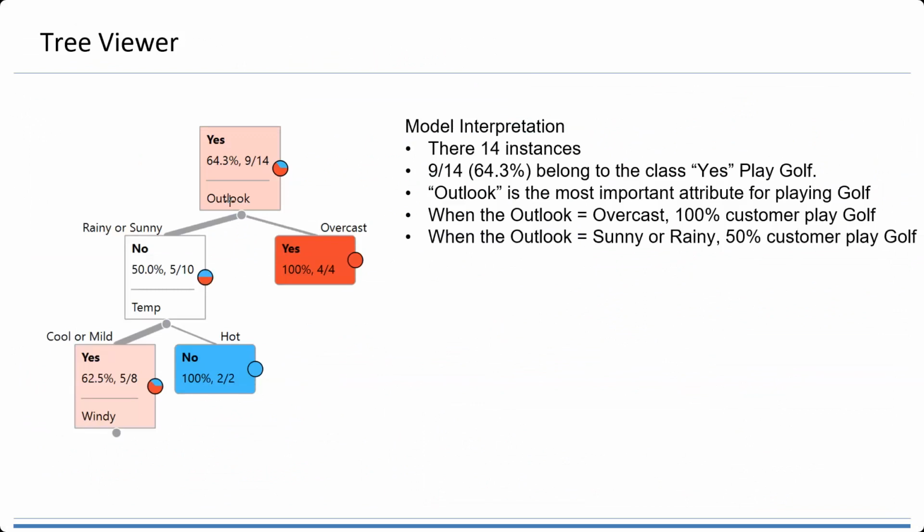The first important attribute is outlook. If the outlook is overcast, then 100% of the customers will play.